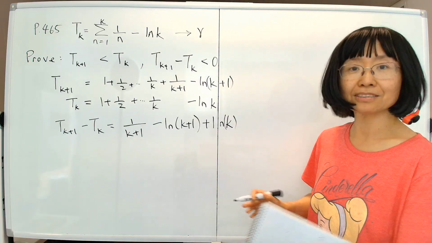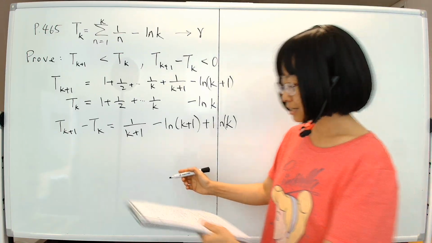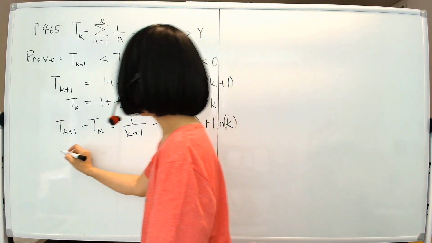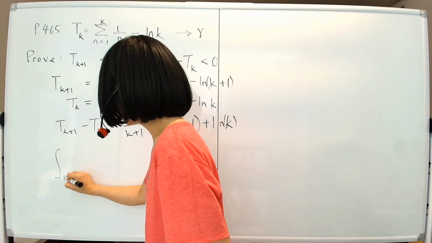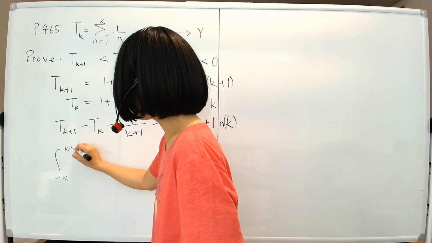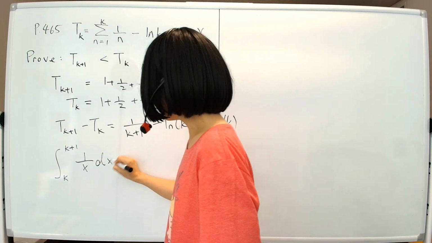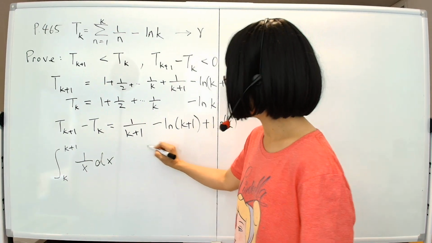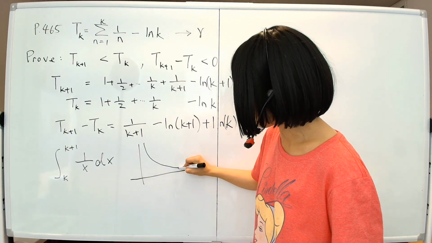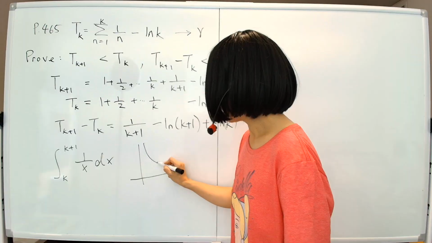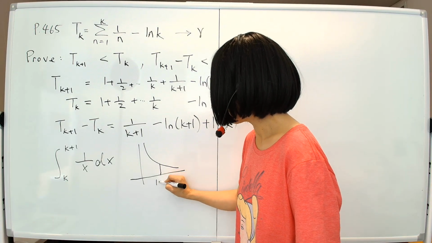And so here comes the first trick. What we're going to do is look at this integral, okay? Now the integral, as I mentioned in the hint, we need to integrate from k to k plus 1 of 1 over x dx. And why do we need to integrate that? Because we have to consider the area under the curve. Okay, we know what 1 over x looks like. It looks like this. Let's say here is k, we're integrating, right?